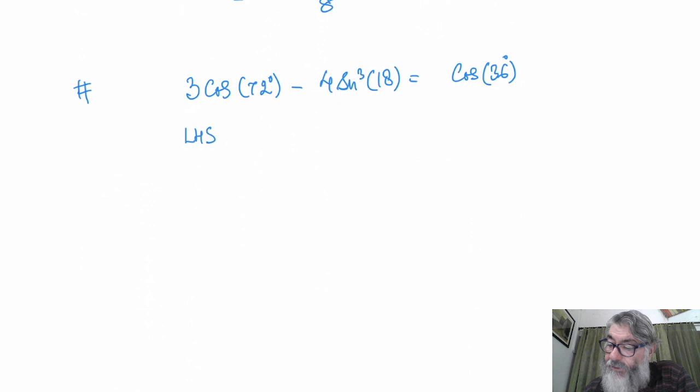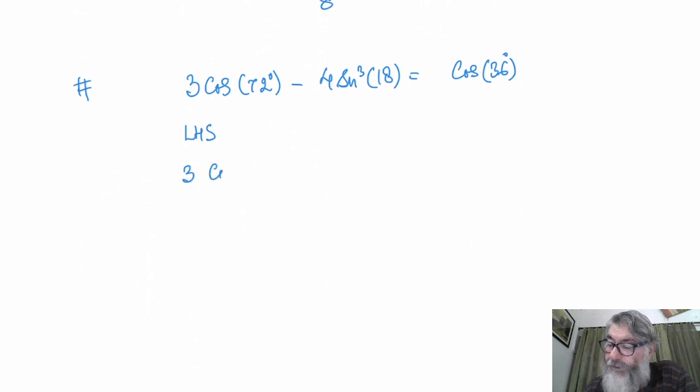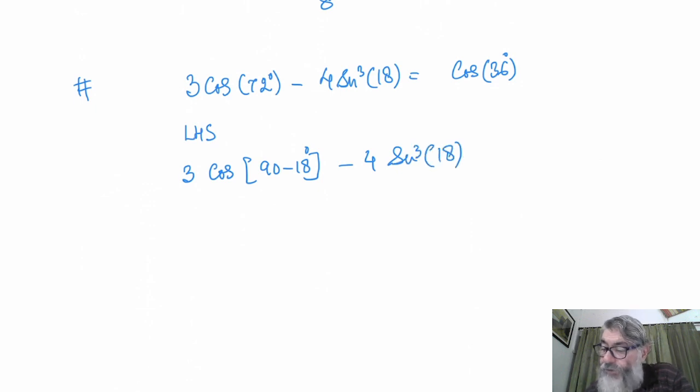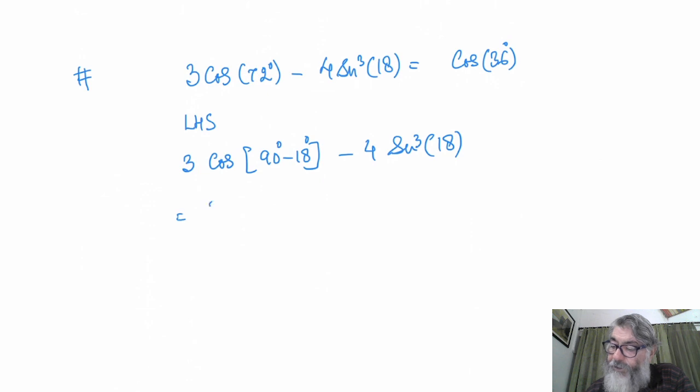So I can change this. Cos 72 can be written as cos of 90 minus 18. And cos of 90 minus theta is sin theta. So it will become 3 sin 18 degree minus 4 sin cube 18 degree.